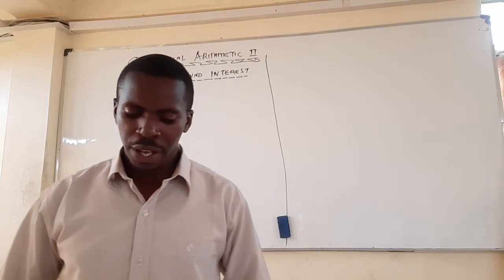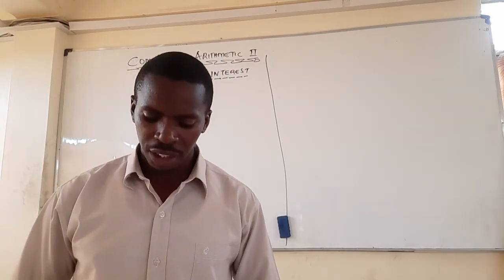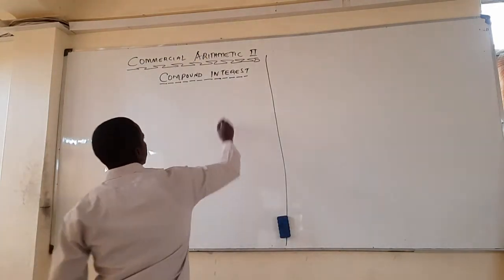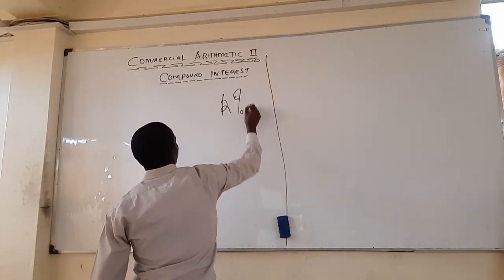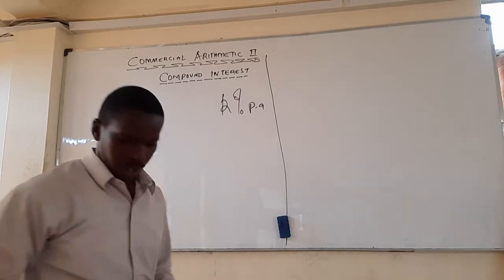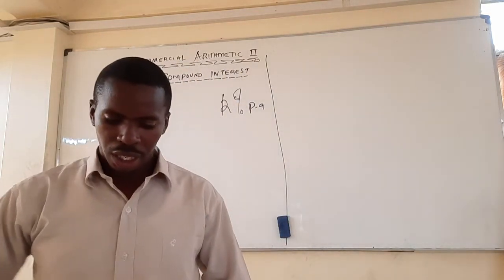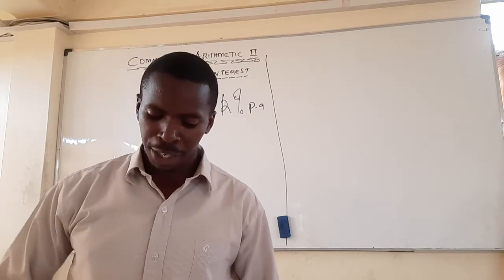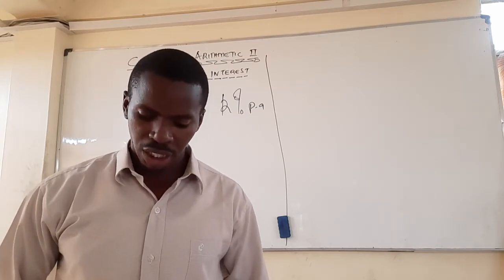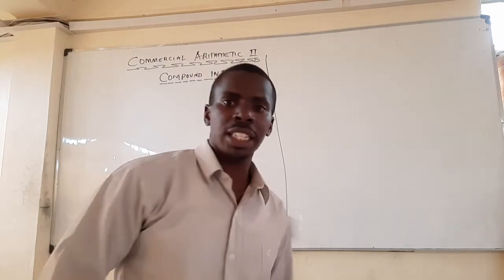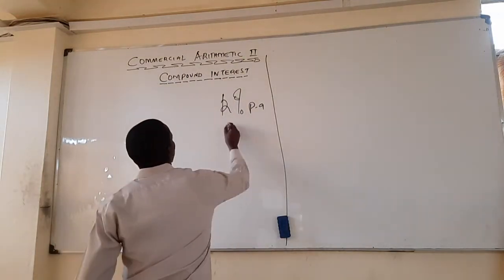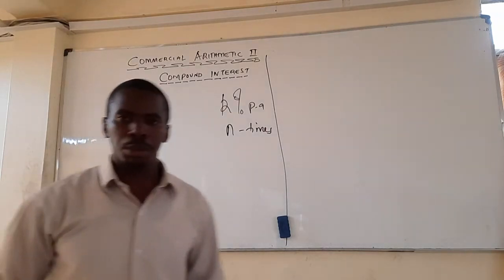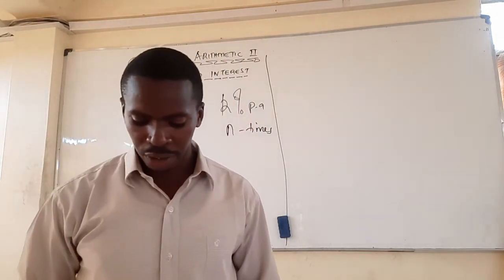And then, in a case where the rate of compound interest is R% per annum, and the interest is calculated n times in a year, because we have said that it can be annually, semi-annually, quarterly, and so on.